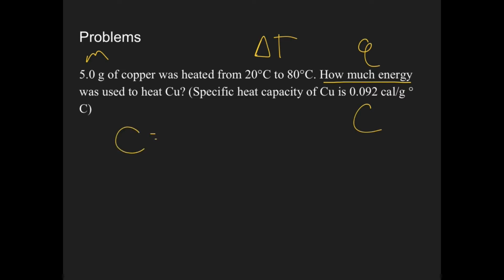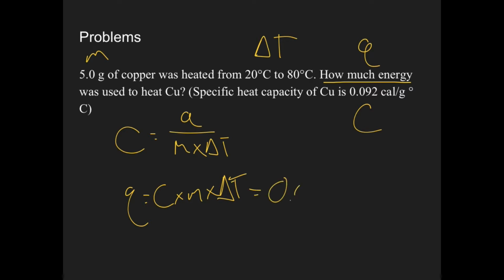If specific heat equals the energy divided by the mass times the change in temperature, then the energy equals the specific heat times the mass times the change in temperature. The specific heat is 0.092, the mass is 5 grams, and the change in temperature is 80 minus 20, or 60 degrees Celsius.